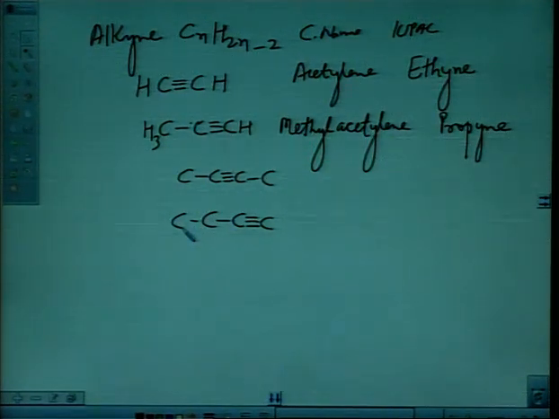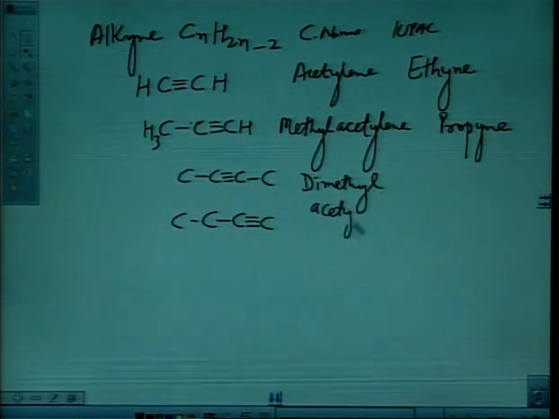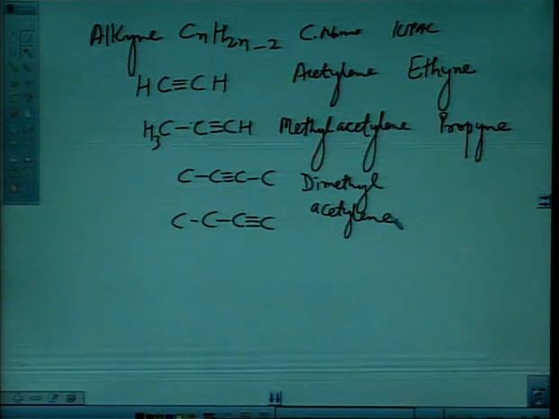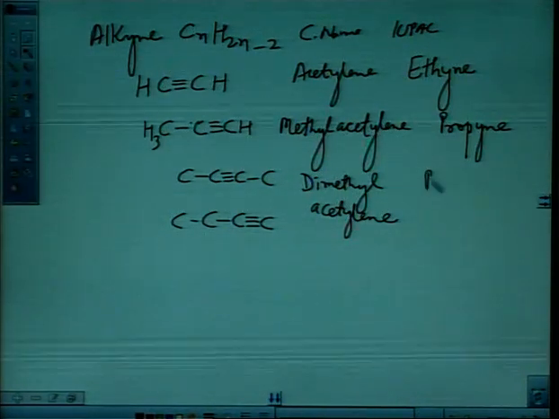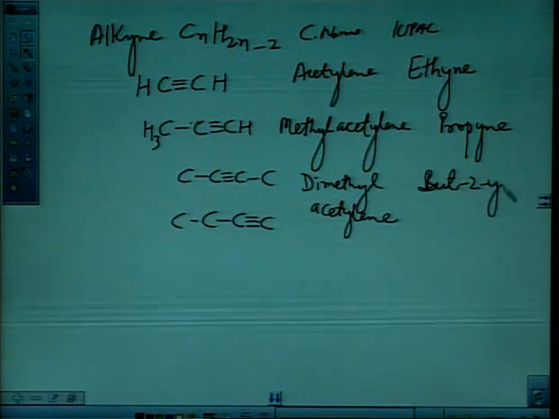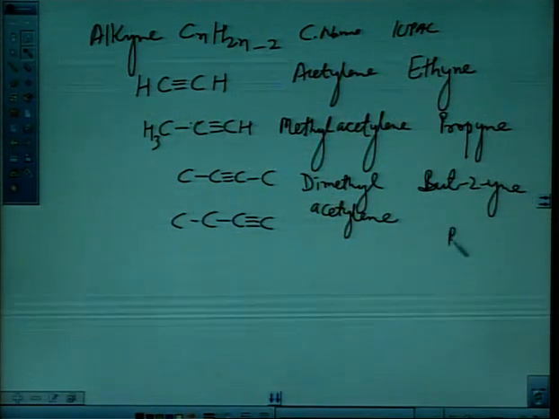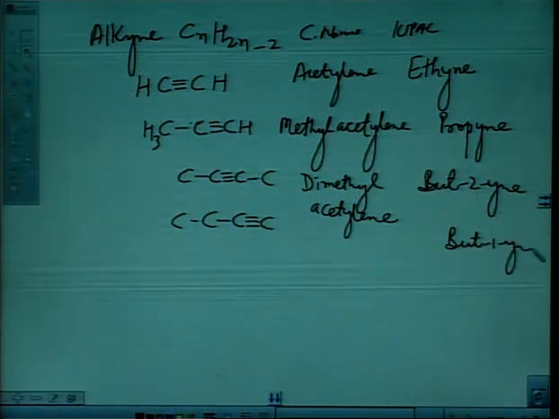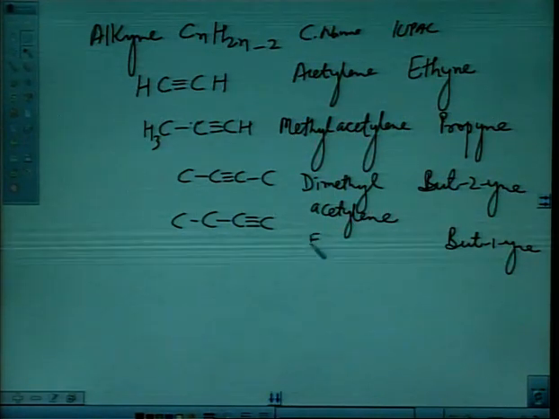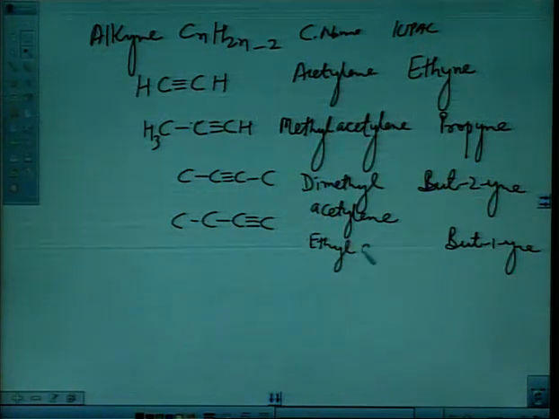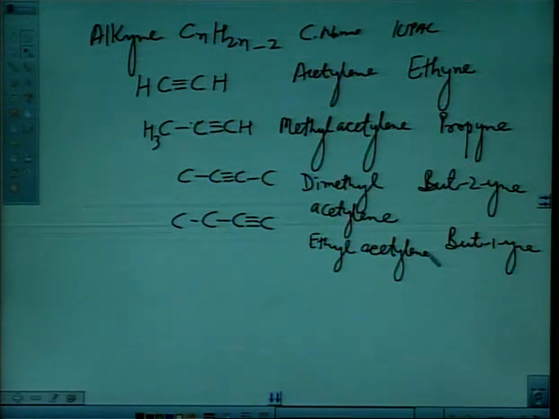If the triple bond is at the second position, the common name is dimethyl acetylene and the IUPAC name is but-2-yne. And but-1-yne: here the common name is ethyl acetylene, and the IUPAC name is but-1-yne.